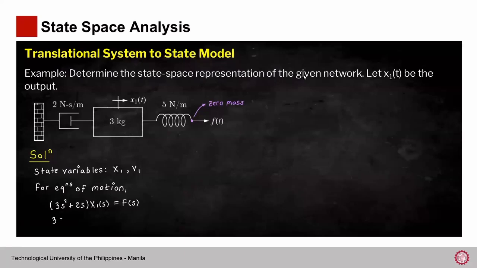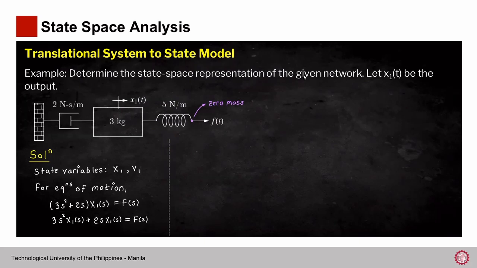So this would become 3s squared x1 of s plus 2s x1 of s is equal to F of s. Guys, for state equations, the highest power of s should have a leading coefficient of 1.